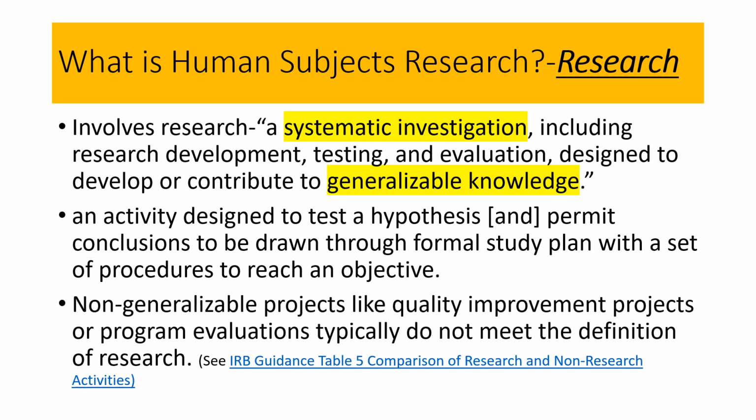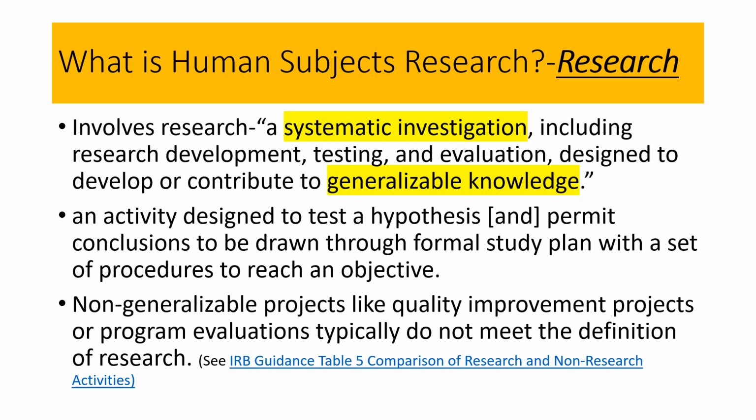Now let's consider the other part of human subjects research. What is research as it relates to what gets classified as human subjects research? It must be a systematic investigation, including research development, testing, and evaluation, which is designed to develop or contribute to generalizable knowledge.